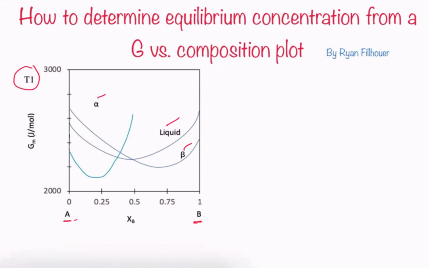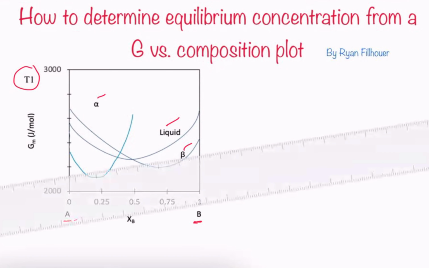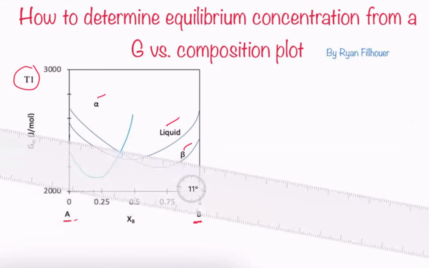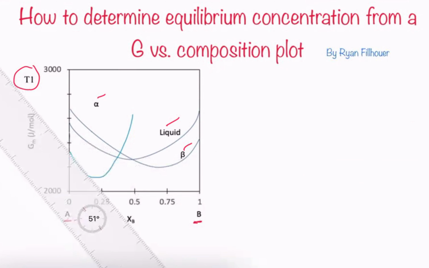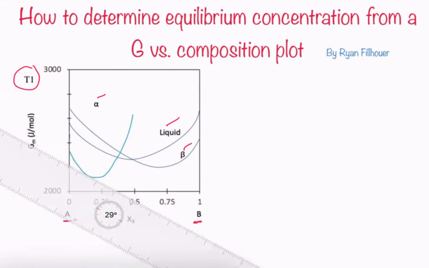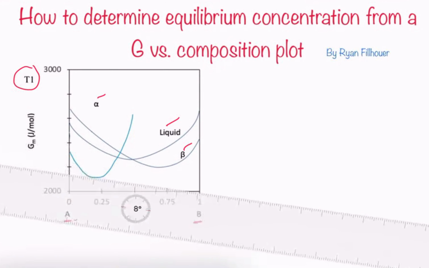So what this method is going to show you is the composition of B for a specific component at a specific temperature. And the technique is called the common tangents method. Easiest way to do that is to use a straight edge, and you follow a curve around. I'm just picking the alpha curve arbitrarily.